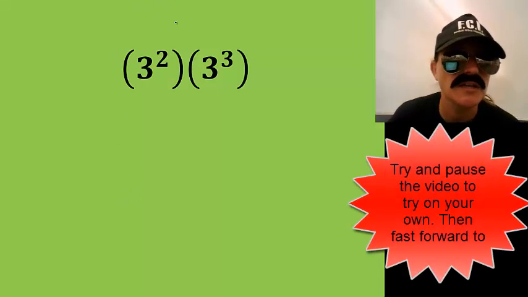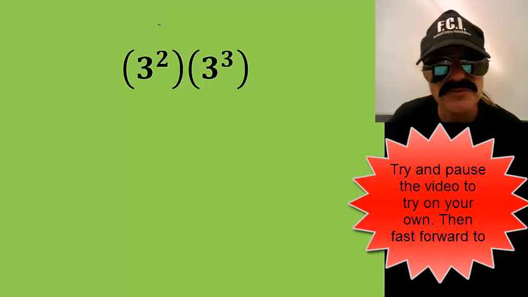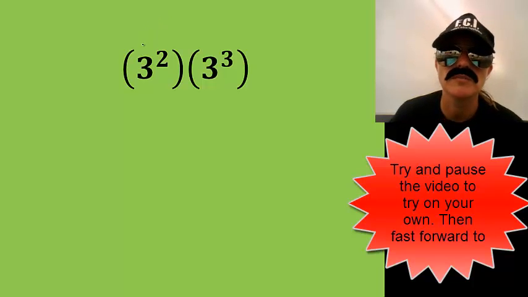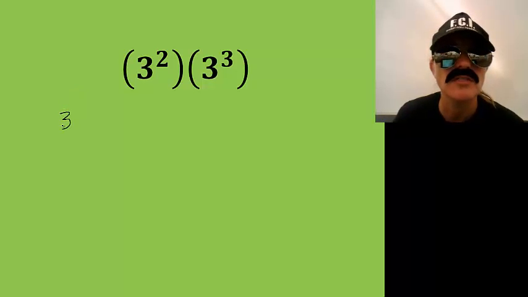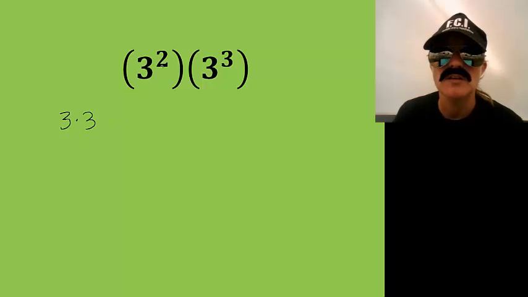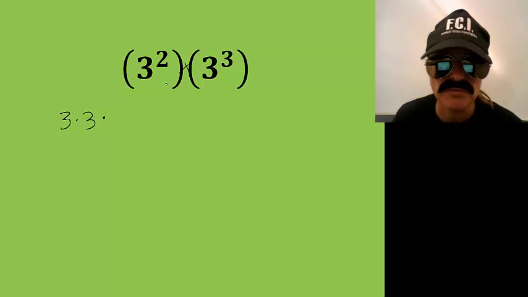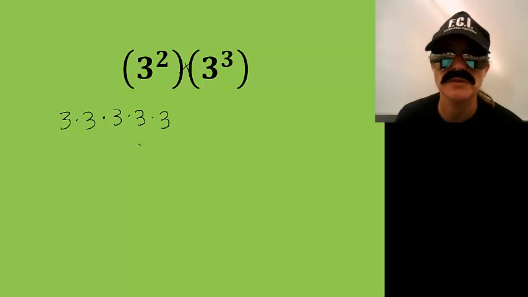Here's another one. Again, you can write this using parentheses, the little dot, or the multiplication sign. The 3 to the second is saying I have 3 times 3. There are 2 3's. Because they're parentheses, this is the same as multiplying. And now I have 3 more 3's. 1, 2, 3 more 3's.